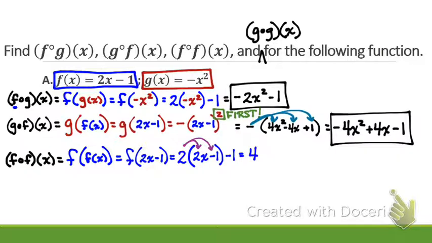So I would have 4x minus 2. I'm going to write that in purple so that I can keep that separate from the other. 4x minus 2 when I distribute, but then I still have that minus 1 on the end that I need to combine it with. So what would my final output be? 4x minus 3.